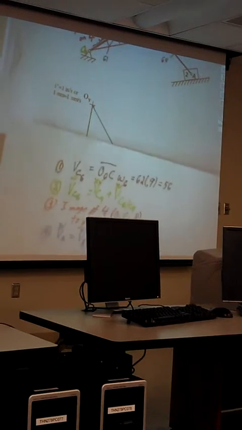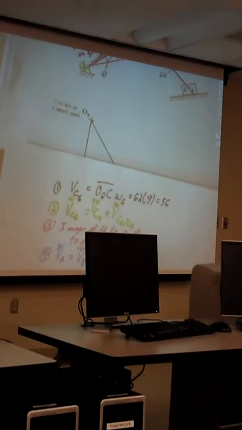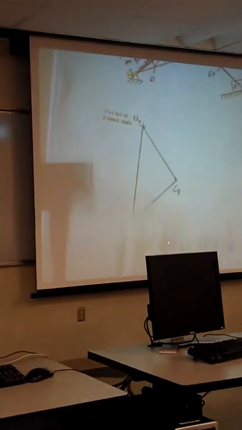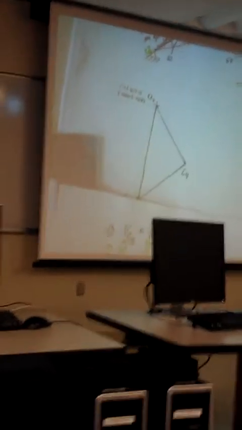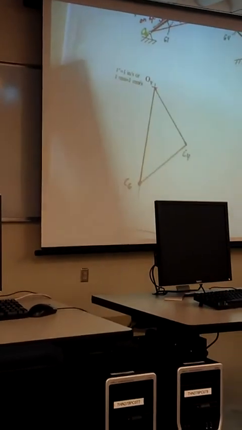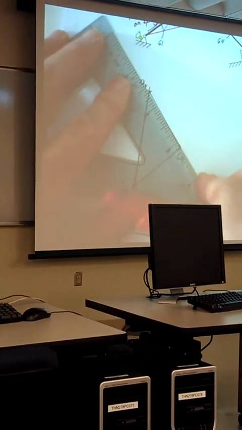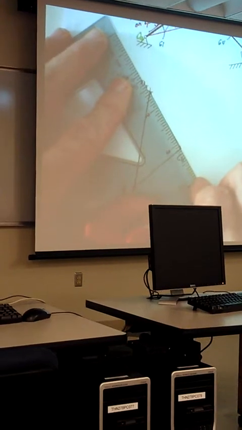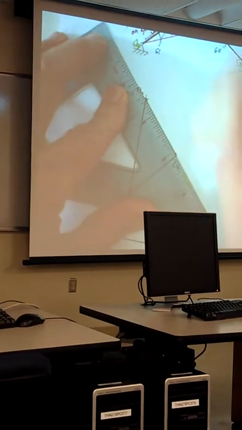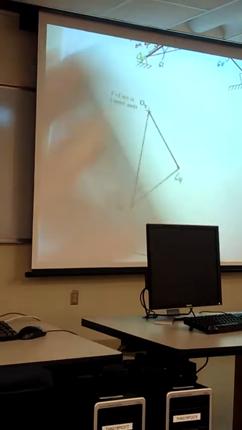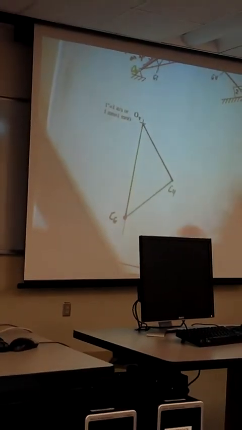Now I see an image step. I see 3 points: O4, C4, and B. O4 and C4 are already on my diagram. Any fixed point is at the velocity pole. I don't need to label it O4. It's a stationary point. So one side of my triangle is this line that I've already drawn.